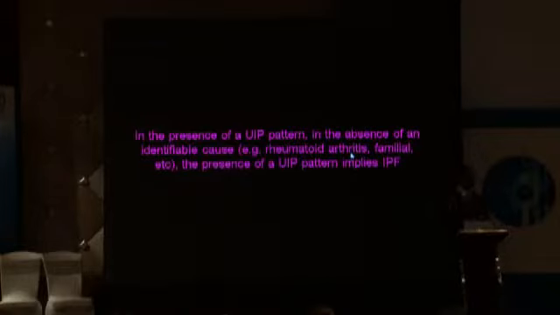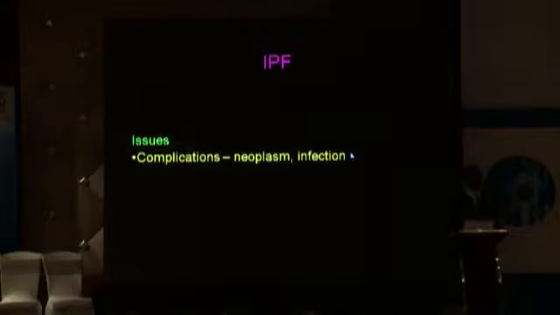All of these also present with UIP patterns. But if there is no cause, if we do not find an etiology, then it's idiopathic. So it becomes idiopathic pulmonary fibrosis, right? So honeycombing equals UIP pattern. No etiology makes it idiopathic pulmonary fibrosis or IPF.